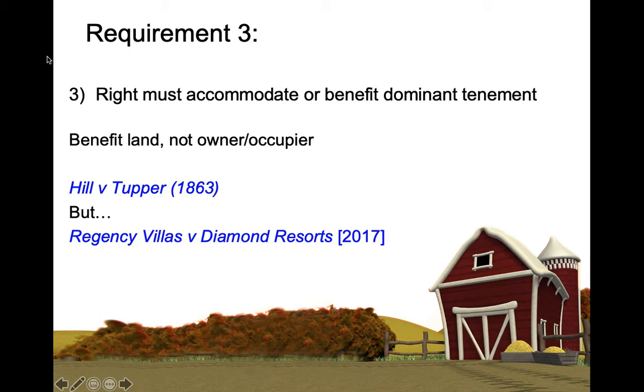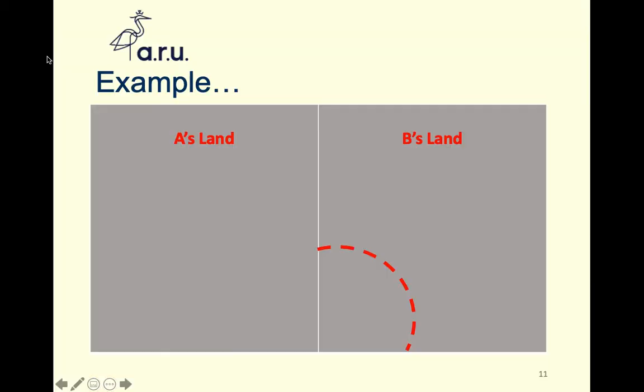So the only kind of way we have as land lawyers to look at this is to think about the list that we already get of what has been recognised as an easement previously and to go from there. So say, for example, with this one, it's relatively easy. We would recognise that the right of way over A's land, over B's land, would benefit A's land. However, who's actually using it?